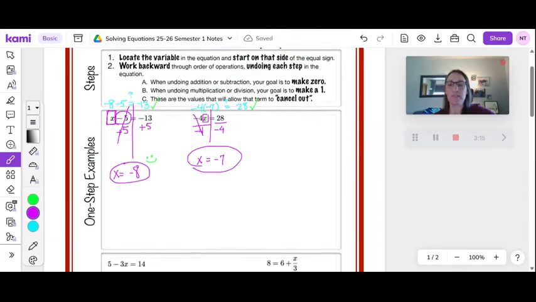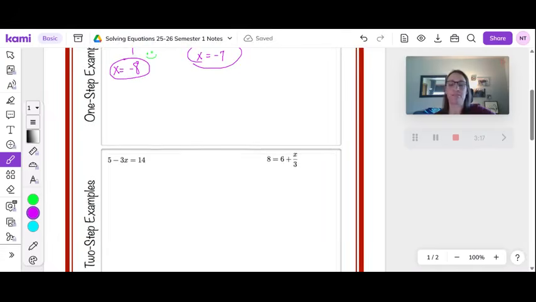So let's do a couple of examples of two-step equations. This time we have to do two things to get x by itself. I always have my students box their x so they know what their goal is. And we start from the furthest thing away from our x, which is this 5 right here. So if I want to move 5 to the other side, I have to subtract it because it's positive.